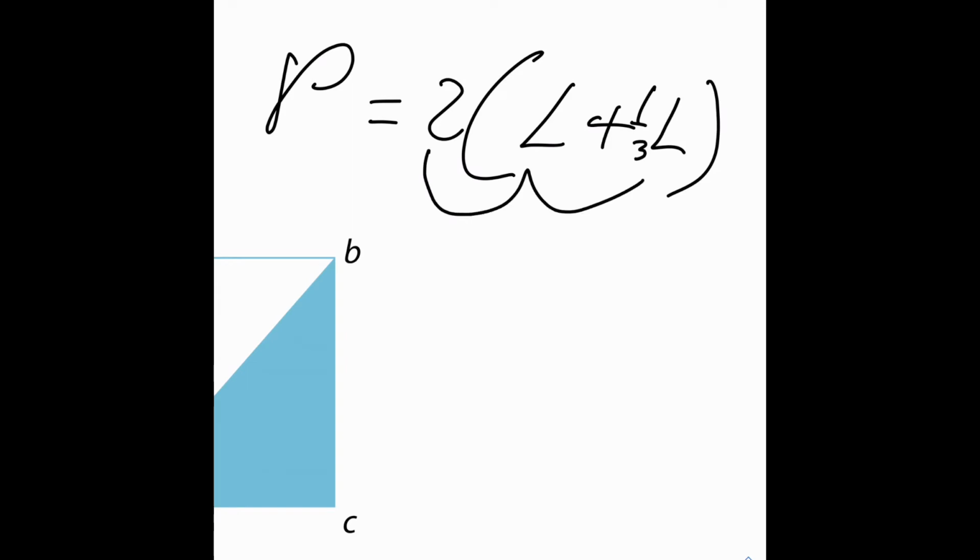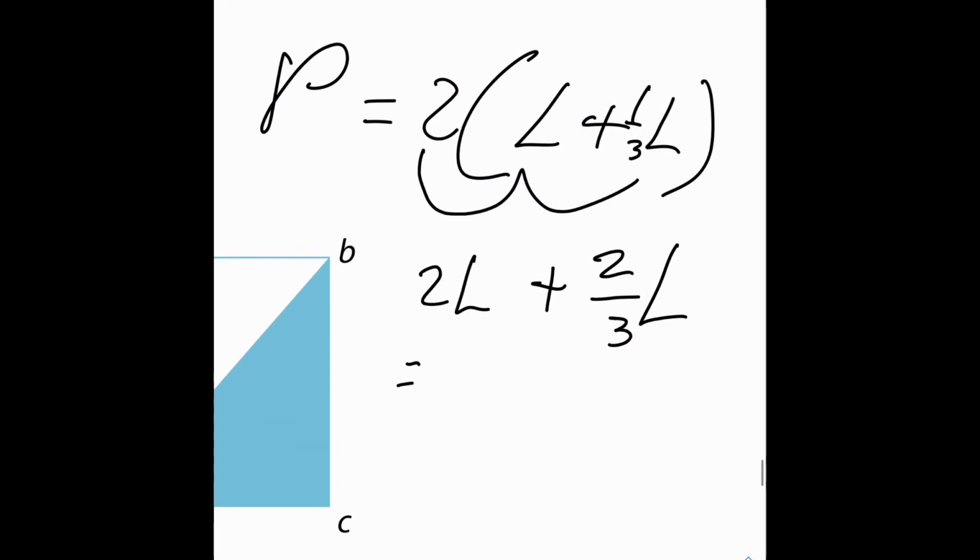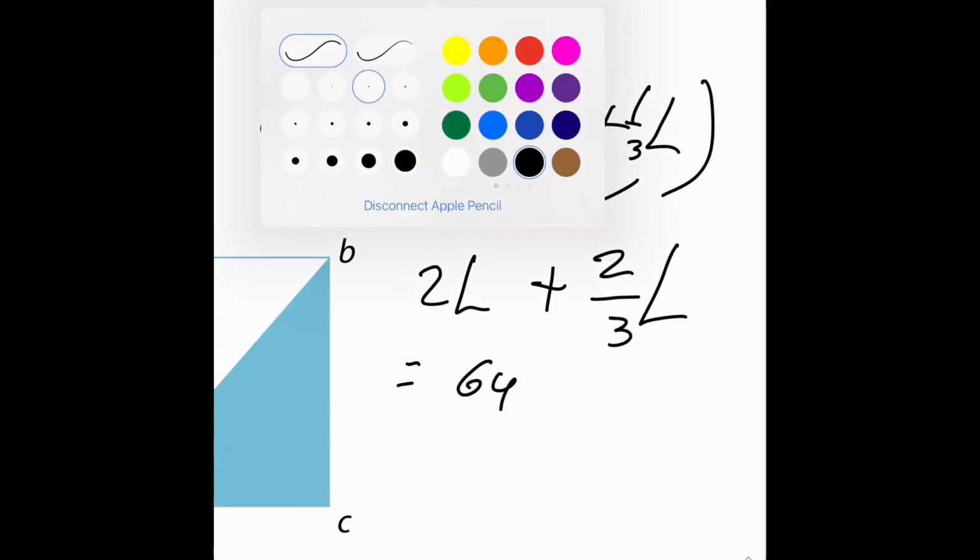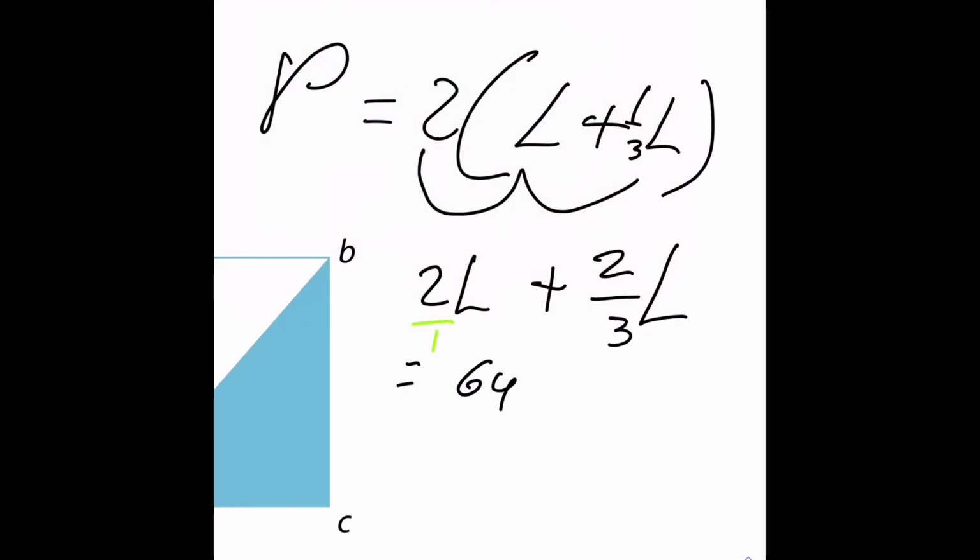So 2L plus, using the distributive property, you get 2L plus 2/3 L. All right, and this is equal to 64. Okay, so let's add the two L's together. This is L over 1, of course.